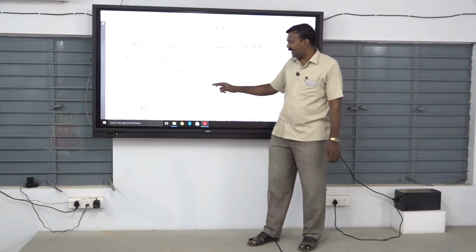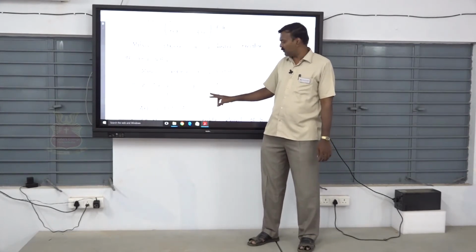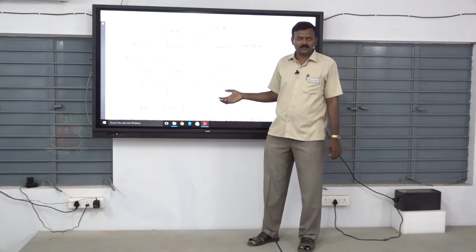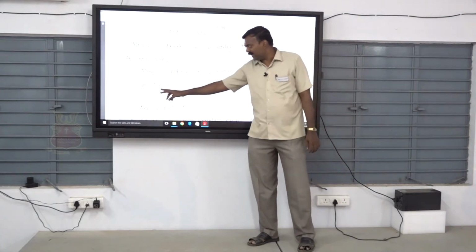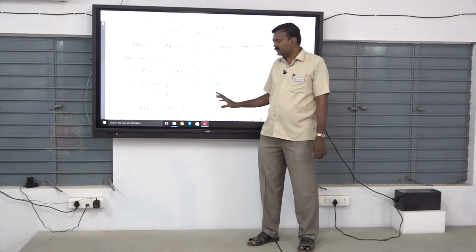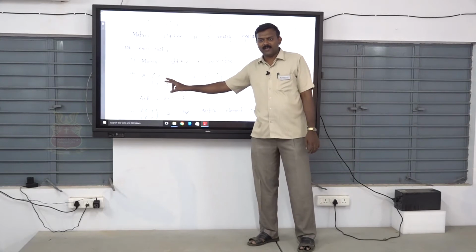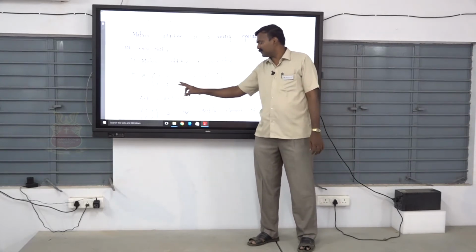Then the next condition: let A equal (A, B, C, D) and E equal (0, 0, 0, 0), where 0 also belongs to real numbers. Then A plus E, you add the two matrices. What is the answer?